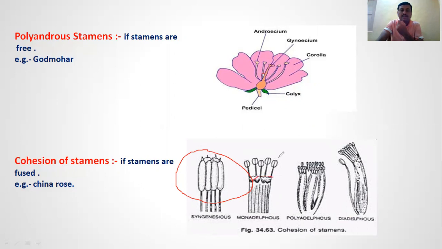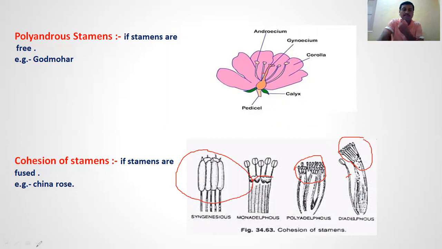It is called cohesion of the stamens. These nine stamens are attached to each other.